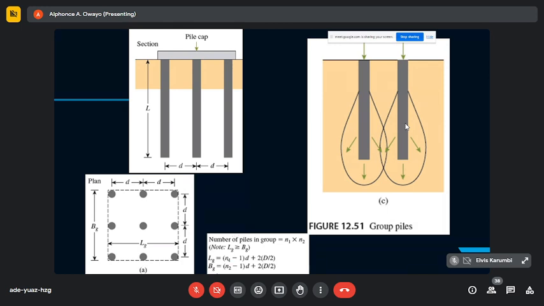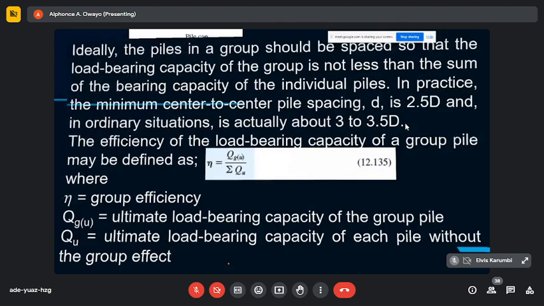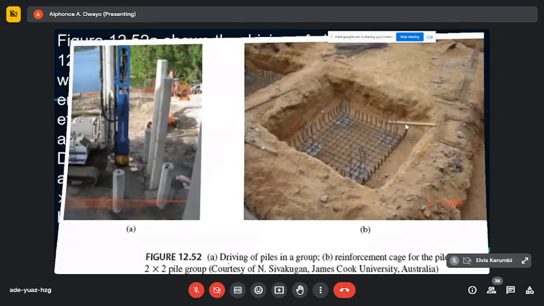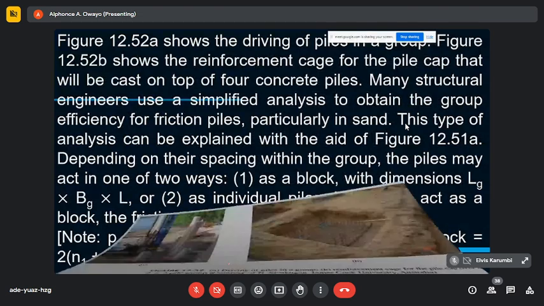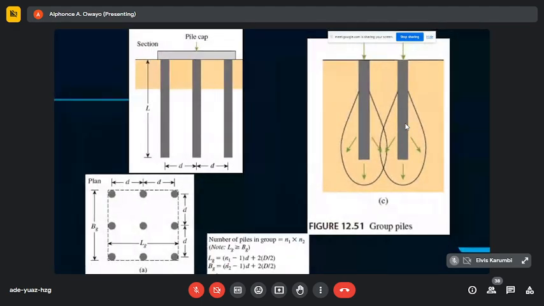LG is N, N is the number of piles. I think it's described somewhere. D is the diameter of the pile.